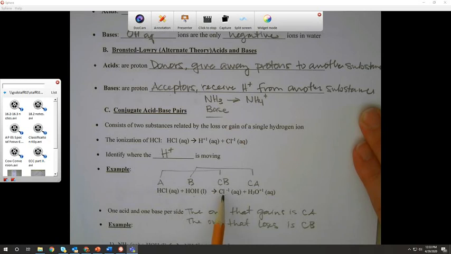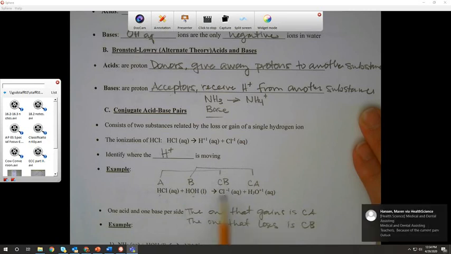Because here, if you go from chlorine and you take a hydrogen and end up over here, then you're acting as a base. So there's the acid, there's its conjugate base, and then this one's the base, and you can see as we go across, it accepts a hydrogen going to the right, and it releases a hydrogen going to the left. So that's the base, and that's its conjugate acid.